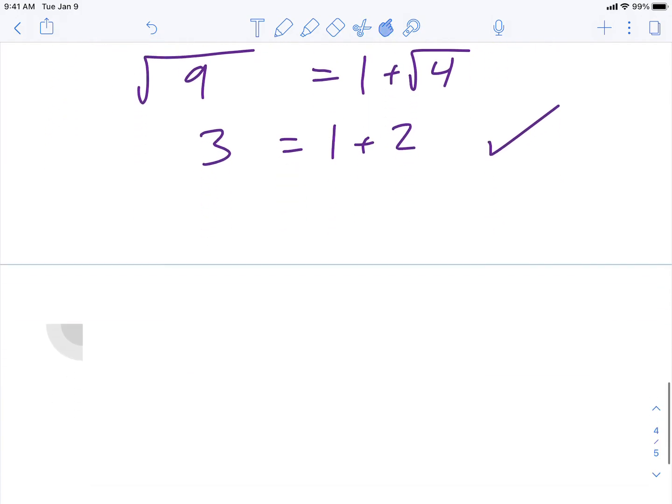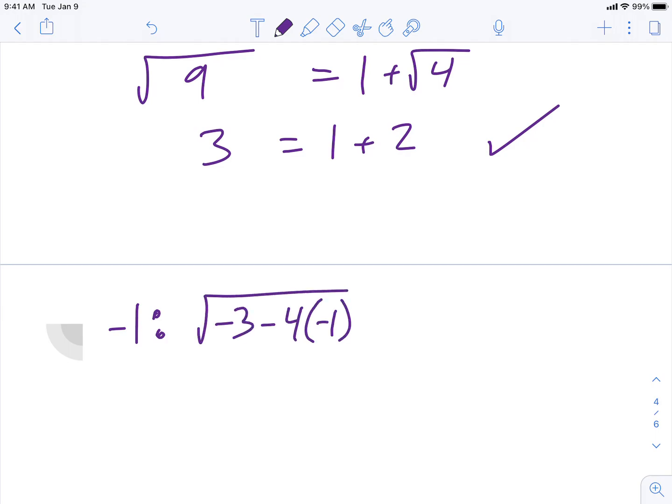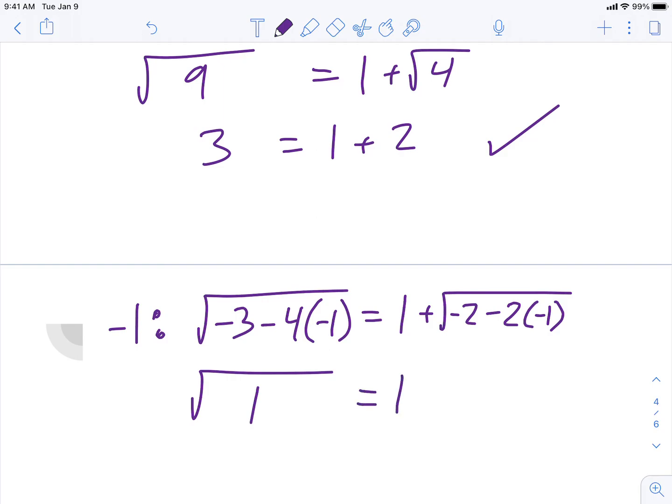Now let's check the -1. So that would be the square root of negative 3 minus 4 times negative 1 is equal to 1 plus the square root of negative 2 minus 2 times negative 1, and that's going to be negative 3 plus 4 is 1, and 1 plus negative 2 plus 2 is 0, so 1 equals 1 plus 0.